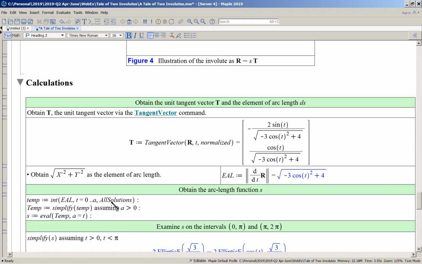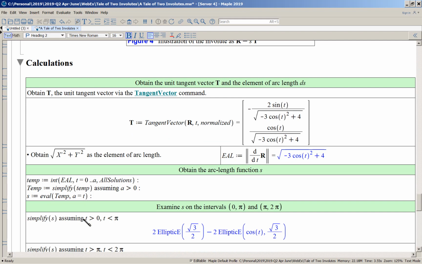Now, you get a positive, a negative, and a 0. Well, we only want to look at a positive. So this simplify trims down the size of this expression, but it's now an expression in a. I would like to return that to an expression in t, and so I make that substitution.